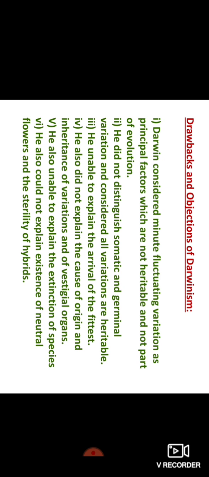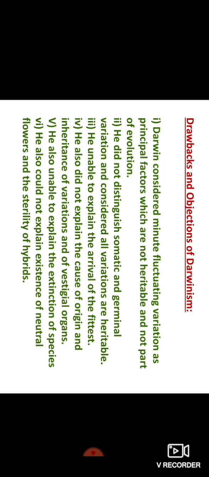Now, this theory also has some objections. Darwin considered minute fluctuating variations as a principal factor, but these are not inherited and not part of evolution. He did not distinguish somatic and germinal variations and considered all variations inheritable.